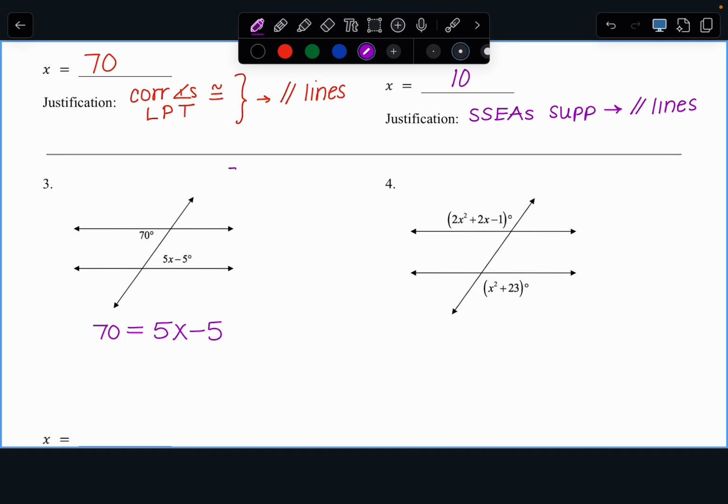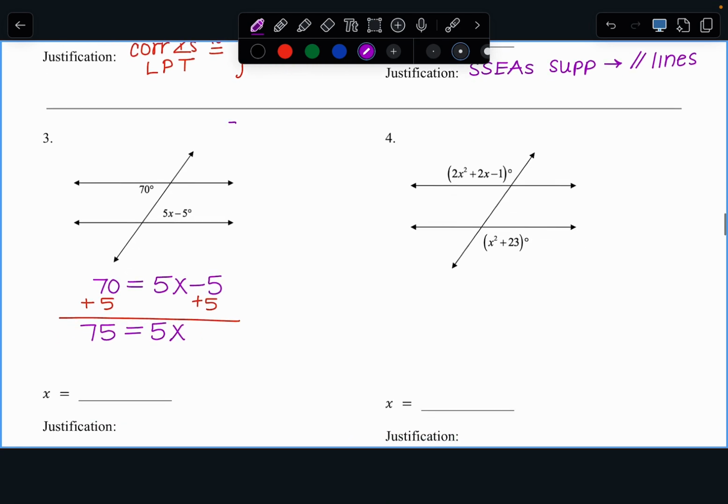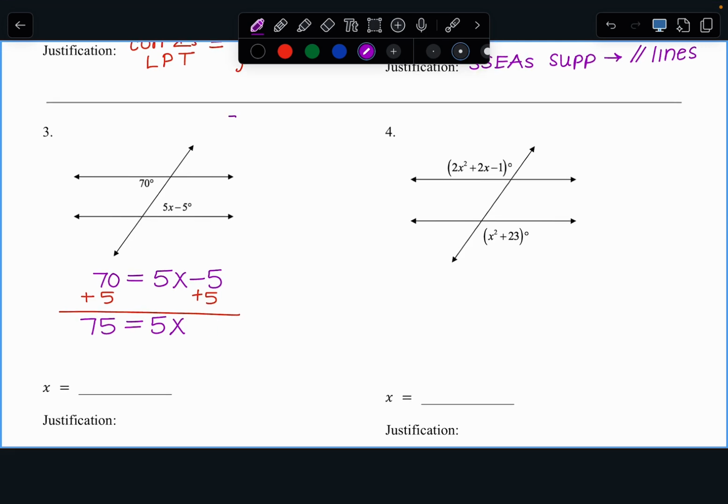So what would we do first? Yep, we're going to add 5. So we have 75 equals 5x. Divide by 5.